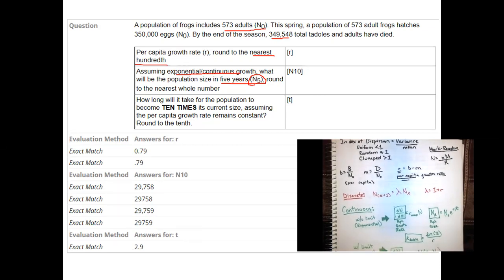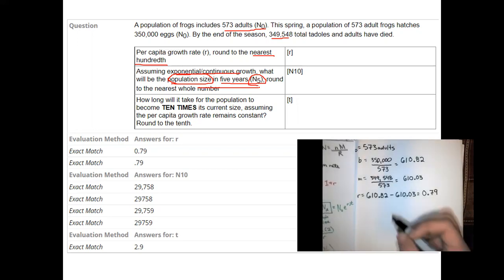And what we are looking for is the population size, so that is an N. Now if we look in all of these different equations, we can see that we can calculate the population growth rate, we can calculate the population size, or we can calculate the time it will take to double or triple or quadruple, etc., that population size. This question is asking for the population size, so Nt. And this t we are going to specify is 5.